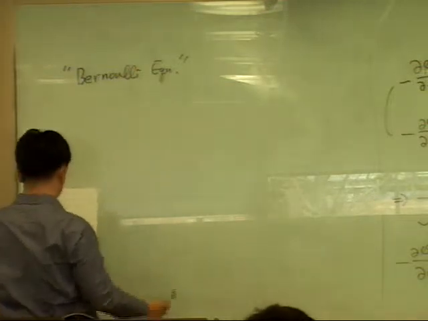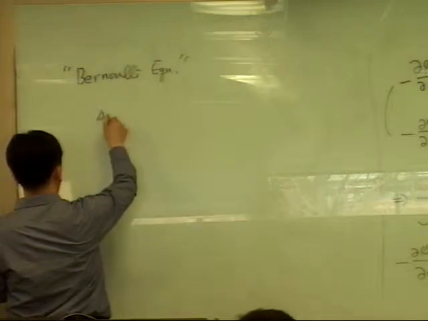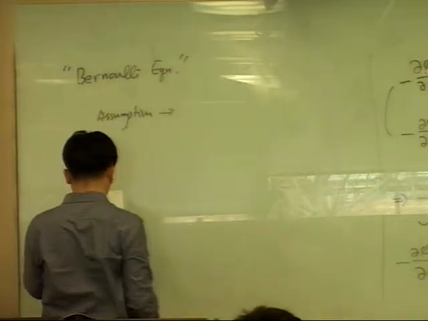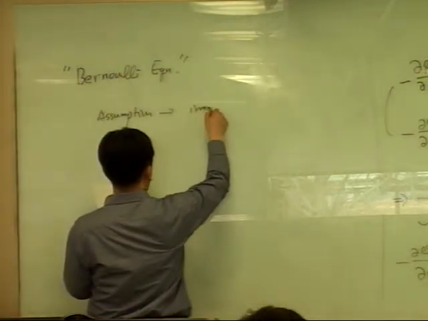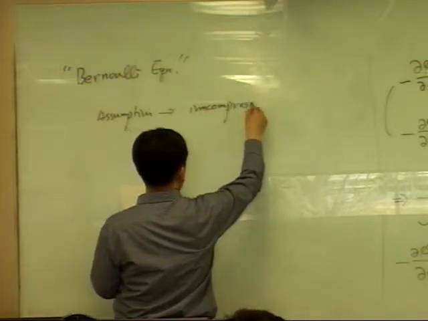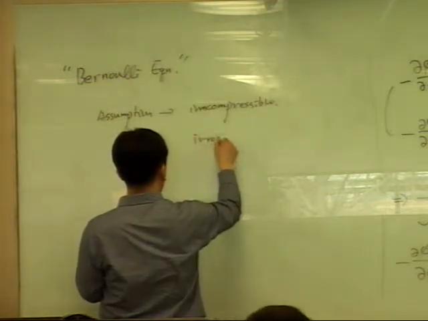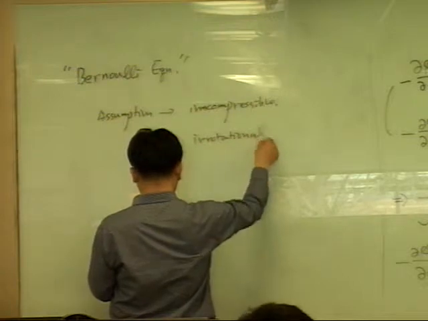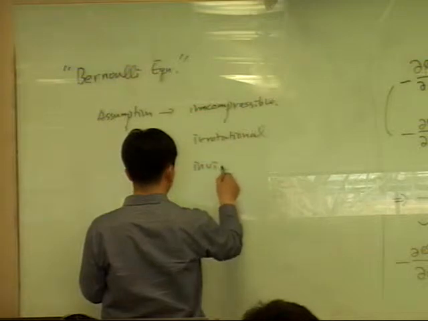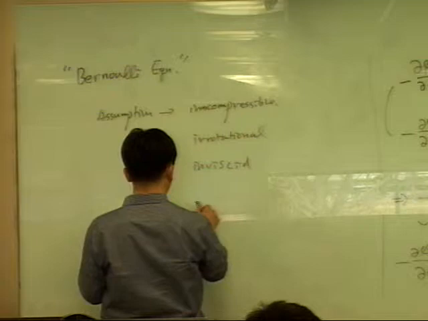To derive the Bernoulli equation, we used a lot of assumptions, right? Incompressible, irrotational, inviscid, and flow is uniform.